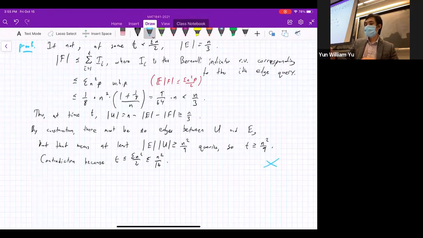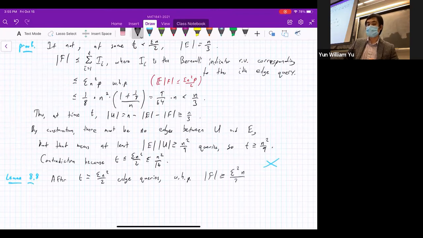Okay, next is Lemma 8.8, which is another slightly technical thing. After T equal to epsilon n squared over 2 edge queries, with high probability, the size of the frontier is greater than or equal to epsilon squared n over 30.